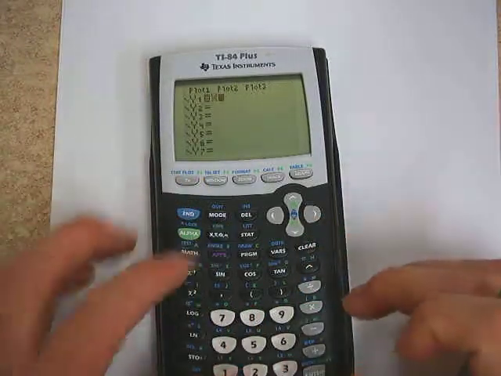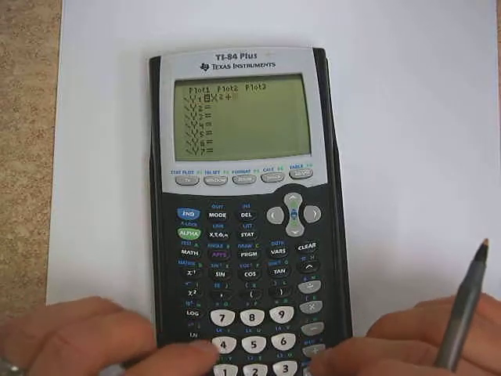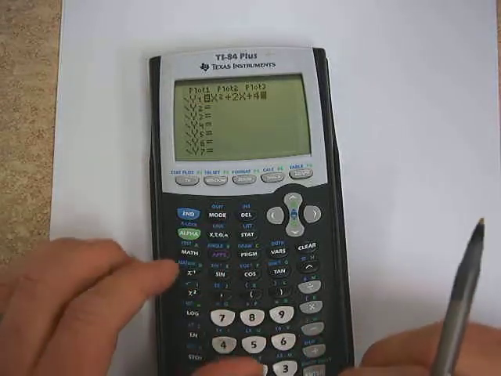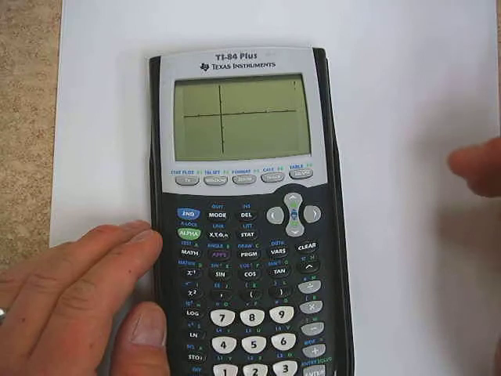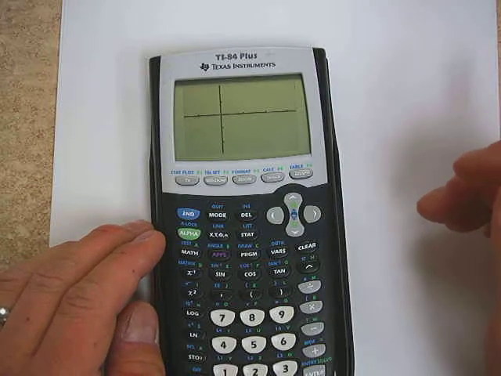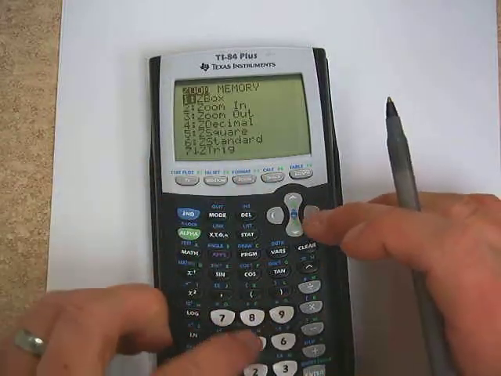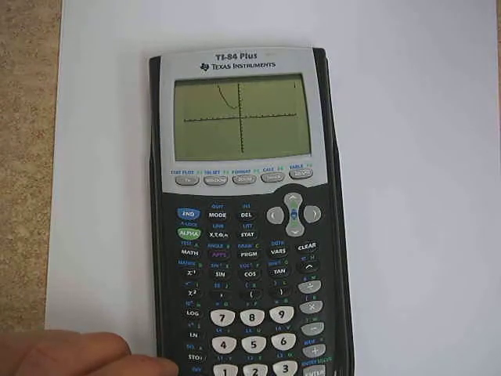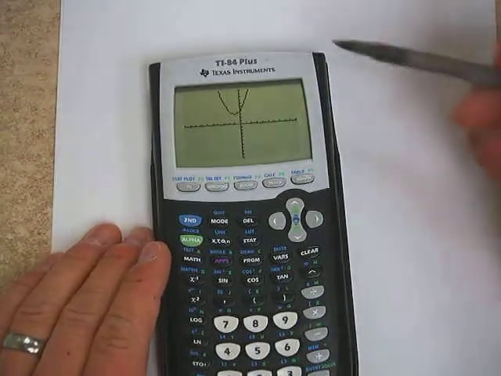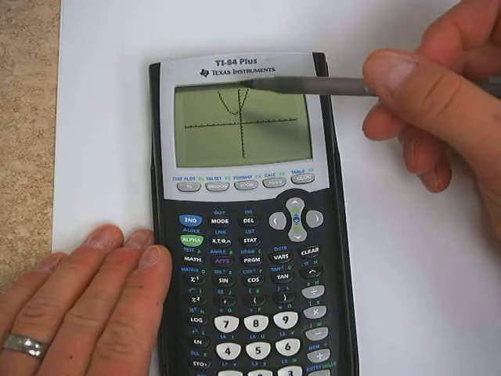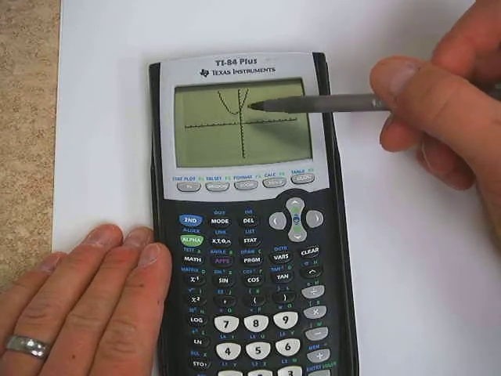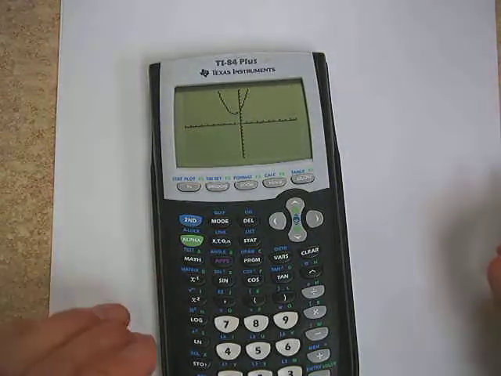And if you think about it from what we did last time, if we were to graph a parabola such as, let's say, x squared plus 2x plus 4, and we draw the graph of it. Let me change my window to a standard window here and see what we see.